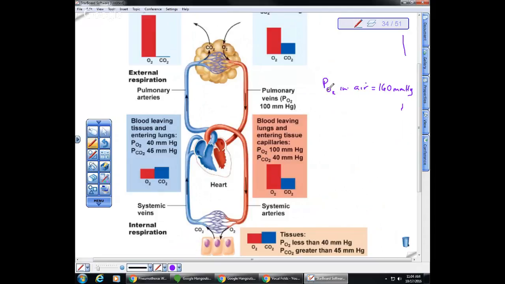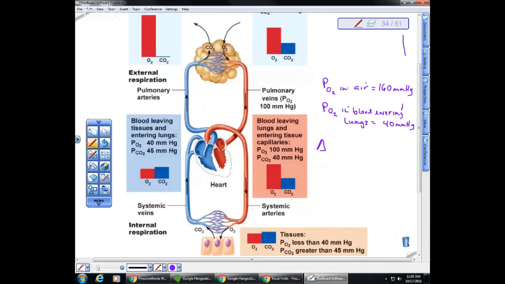Right? The PO2 in blood entering the lungs is equal to 40 millimeters of mercury.